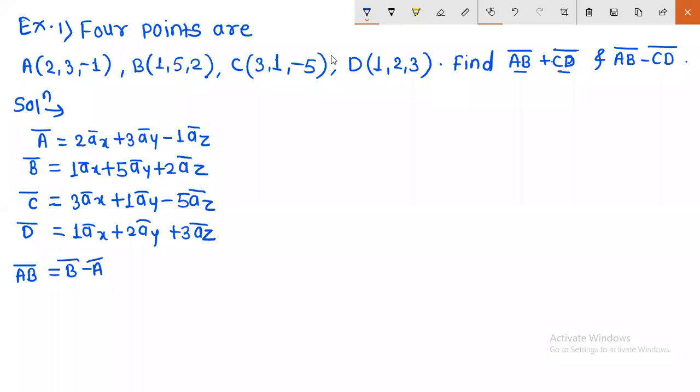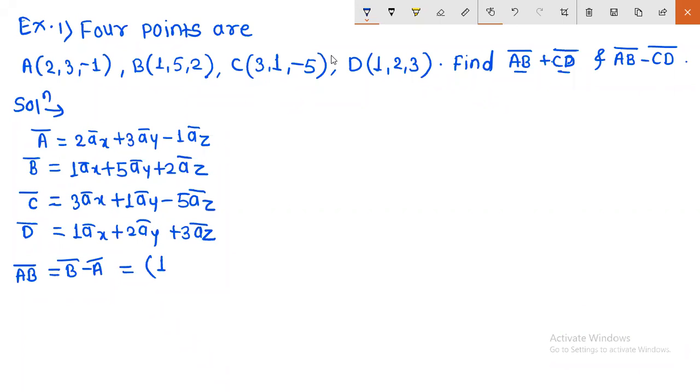So what is B bar here? Can I write this directly? 1 minus 2 A bar x. Will you understand that? Yes, ma'am. So B bar minus A bar: common terms we are taking outside, that is A bar x.